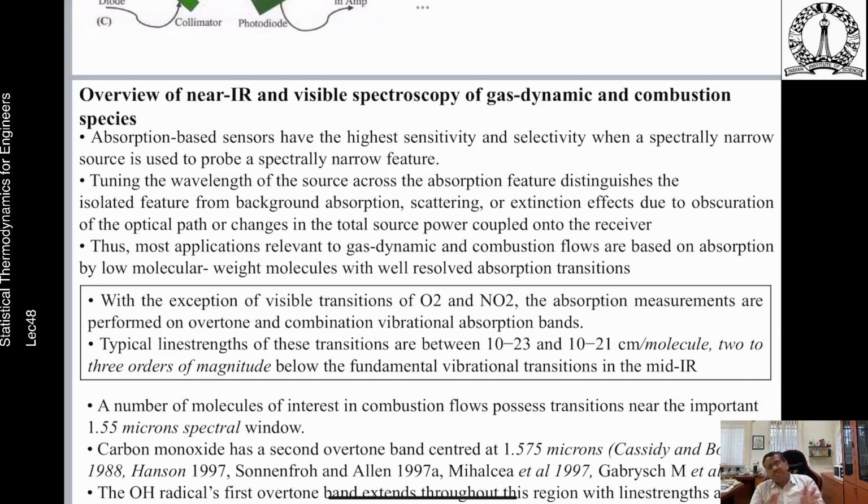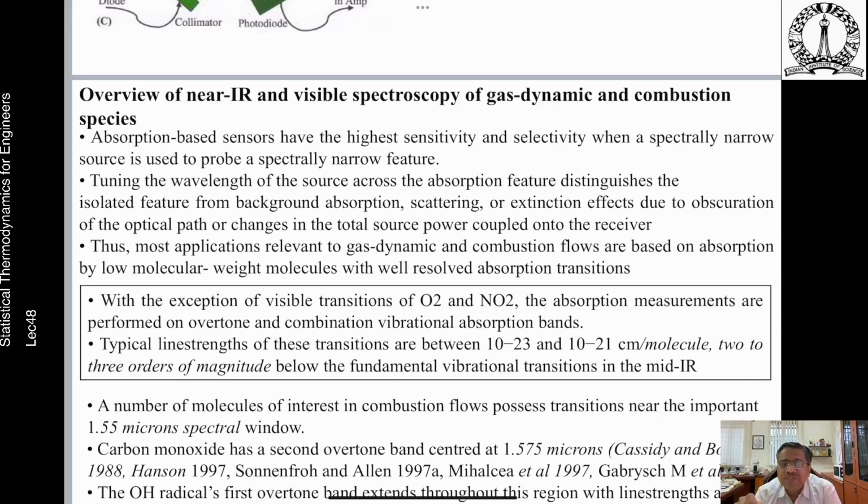Most applications relevant to gas dynamic and combustion flows are based on absorption by low molecular weight molecules with well-resolved absorption transitions. With the exception of visible transitions of O2 and NO2, the absorption measurements are performed on overtone and combination of vibrational absorption bands.